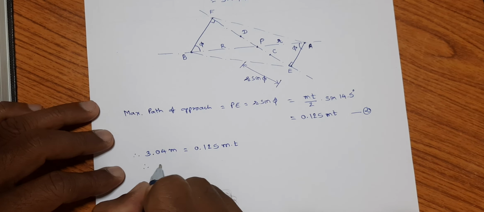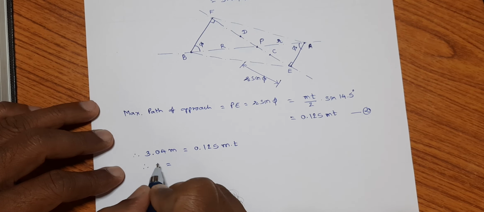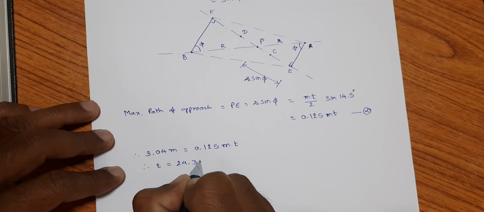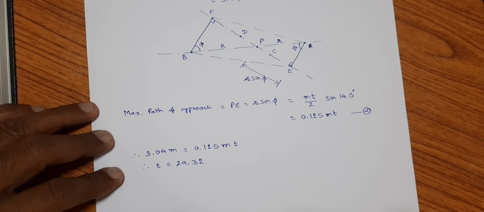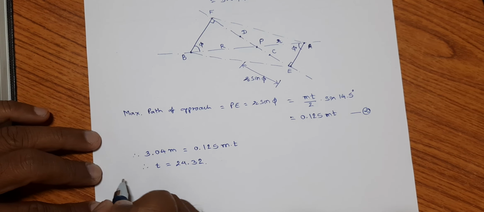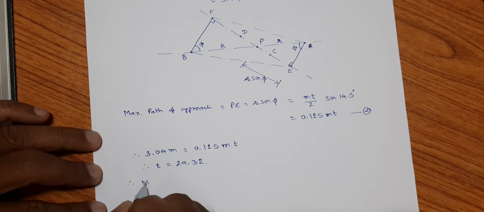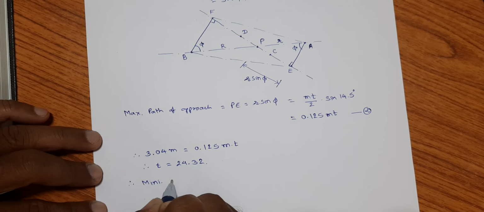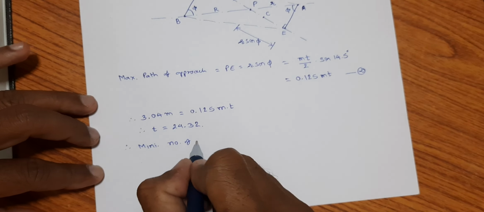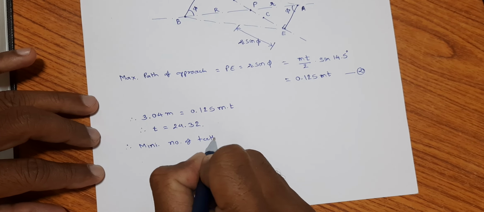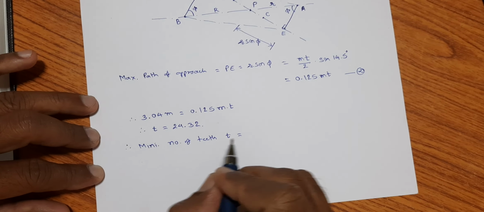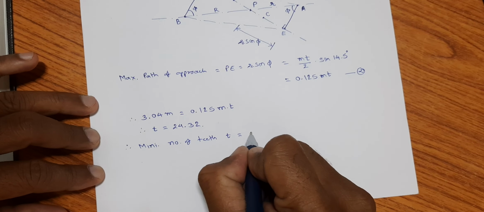That gives us t, that is number of teeth on pinion, is equal to 24.32. So we can write that minimum number of teeth on pinion to avoid interference, small t is equal to 25.